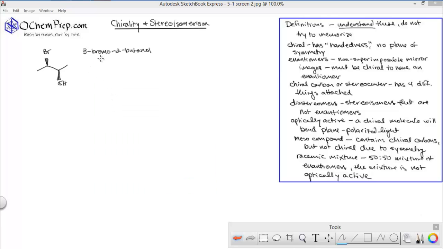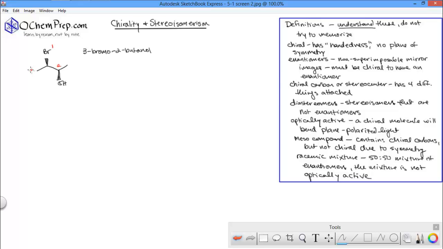Okay, here's 3-bromo-2-butanol. I've drawn it like this. Let's put the R's and the S's on this compound. So to review, you find your stereocenter, your chiral carbon, and you number according to atomic number. So bromine wins. This is number 2.